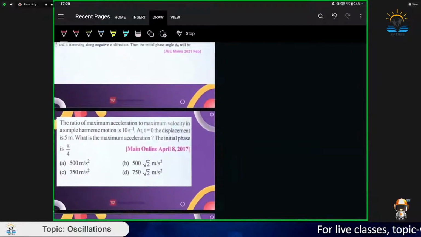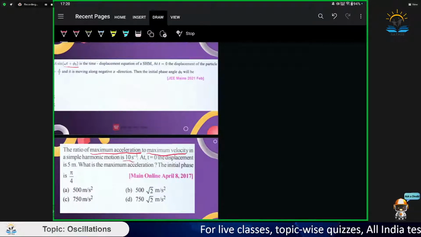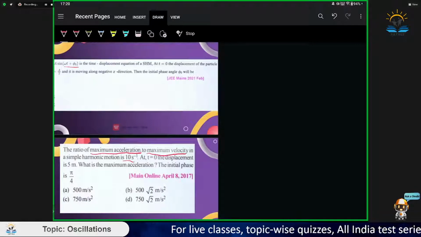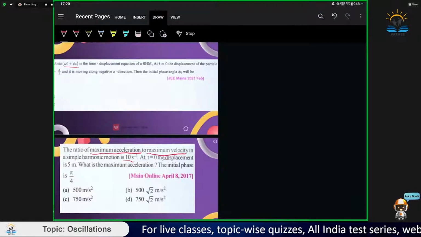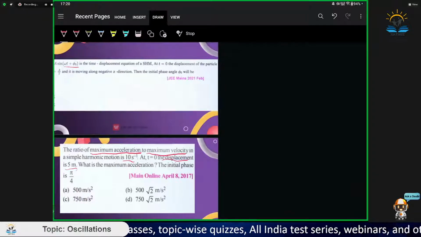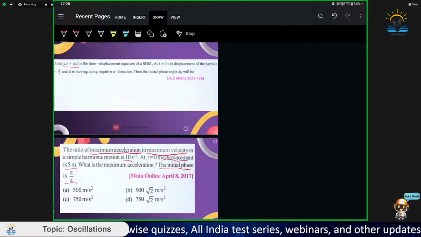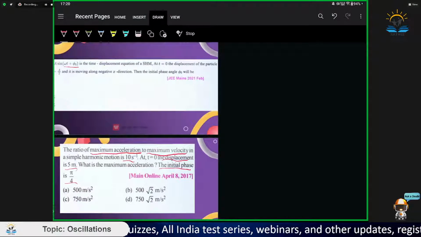This is the next question. The ratio of maximum acceleration to maximum velocity in a simple harmonic motion is given. At time t equal to 0, the displacement is given. You have to find out the maximum acceleration. It is given the initial phase is pi by 4. Let's do this.